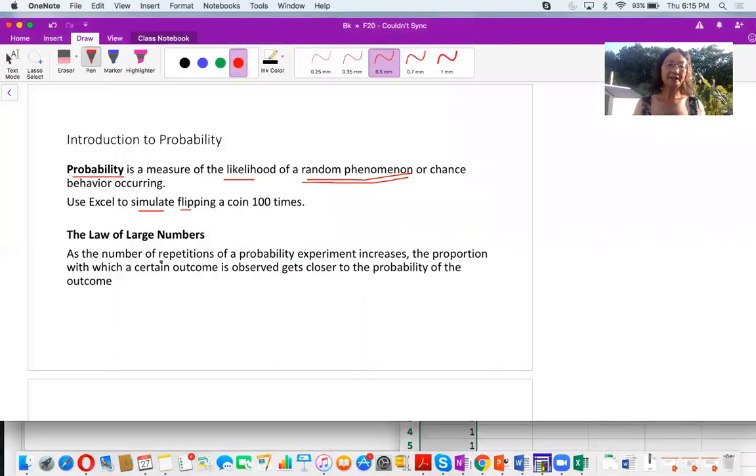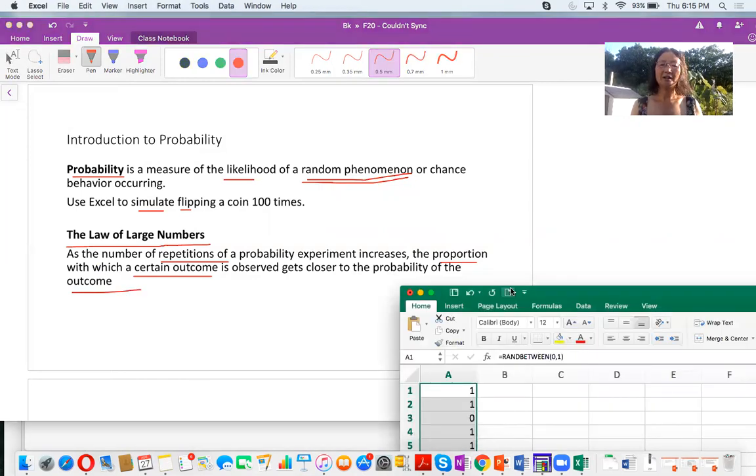If I repeat this procedure, we get the law of large numbers. It says, as the number of repetitions of a probability experiment increases, the proportion with which a certain outcome is observed gets closer to the probability of the outcome.